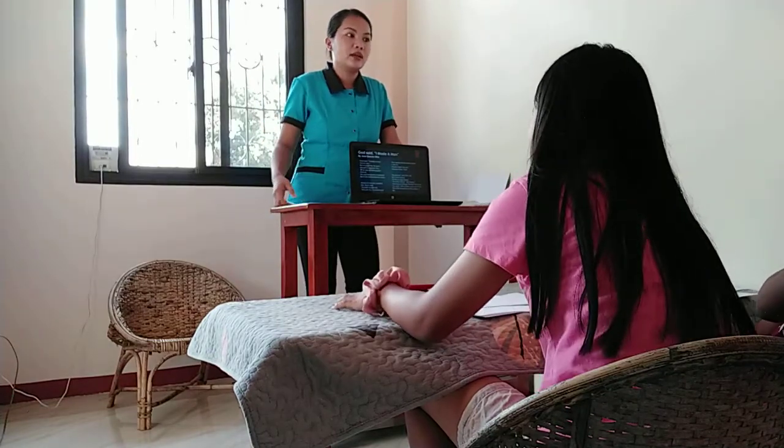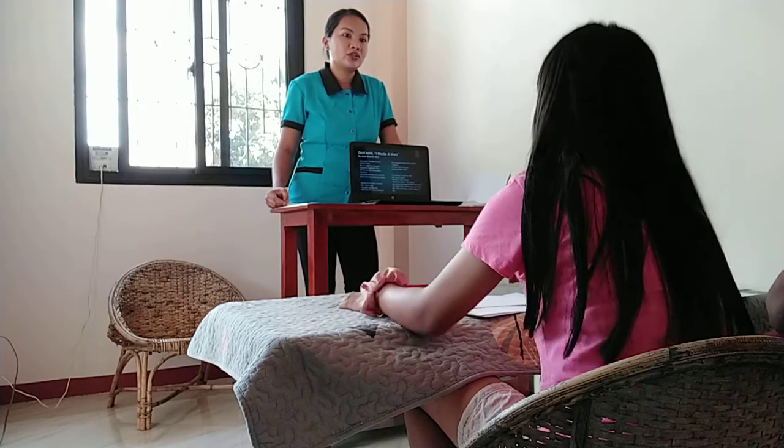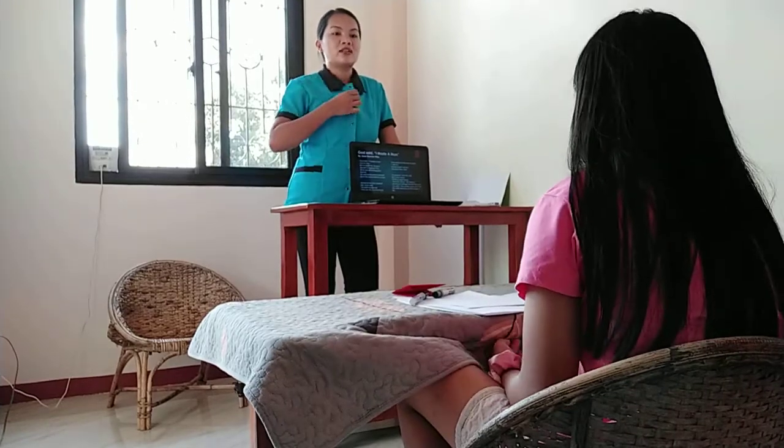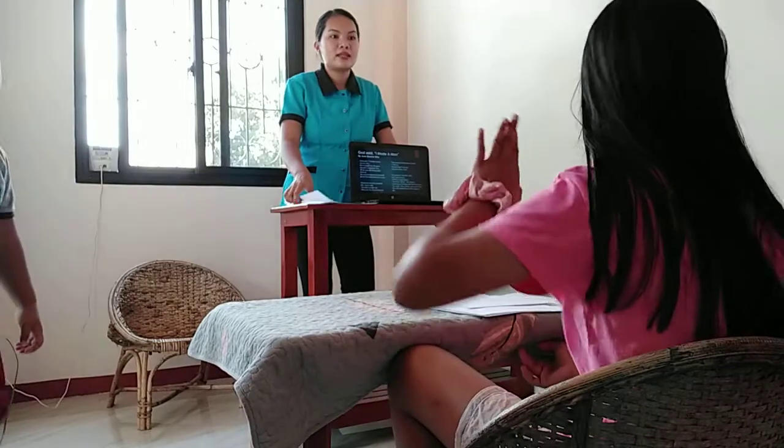So, ibig sabihin, yung ginawa ni God ay ine-endanger niya yung sarili niya sa creator niya. Diba? The bow symbolizes weapon. Ibig sabihin, yung man na create niya, natatakot siya.